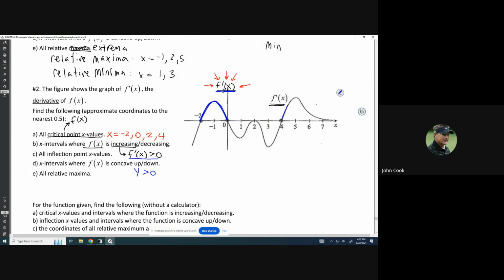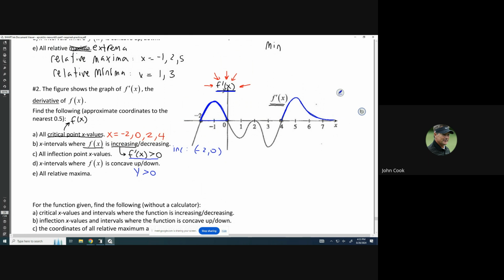And same thing over here. At these two spots on the graph, the graph is above the x-axis when we're graphing the derivative function. Okay, so this gives us two intervals where the graph is increasing, and it looks like it goes from -2 all the way over to 0. So that's one interval where it's increasing.